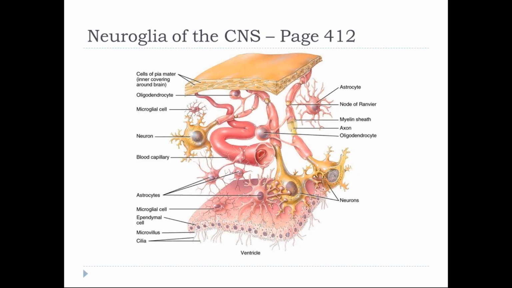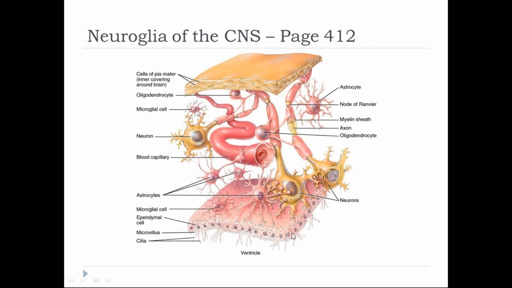They'd rather rewire. You've heard about neuroplasticity, so the brain can kind of rewire itself. That's more than likely what will happen rather than repair of a damaged neuron. You have billions of them in the central nervous system, so the microglial cell will more than likely just eat the damaged one rather than try to repair it.